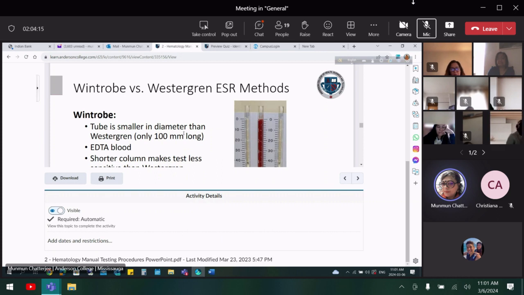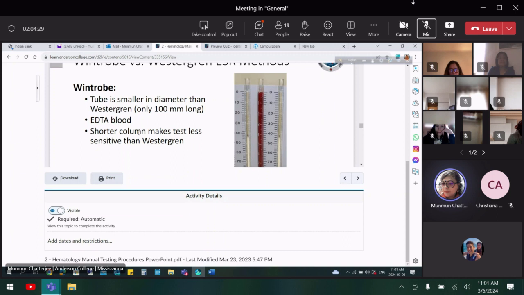But nowadays everything is disposable. But whatever we have, the Wintrobe is the glass tube. So the main difference between the Wintrobe and Westergren, these questions are going to come. Wintrobe tube, the blood is EDTA blood. The tube is smaller in diameter and length is only 100 millimeter, whereas the Westergren tube is 200 millimeter long and you can take the citrated blood. A shorter column makes the test less sensitive.